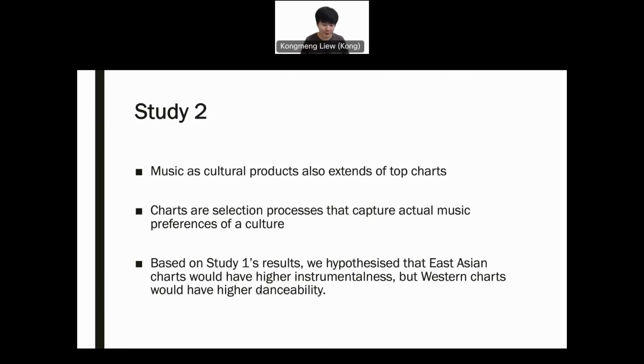Because our study one, our machine learning study, looked at music produced by a culture, we also wanted to examine if this translated to music that was consumed by cultures. So we looked at 4 East Asian countries and 4 English-speaking Western countries, and we hypothesized that what we found with instrumentalness and danceability should also be present in this cultural comparison of charts.